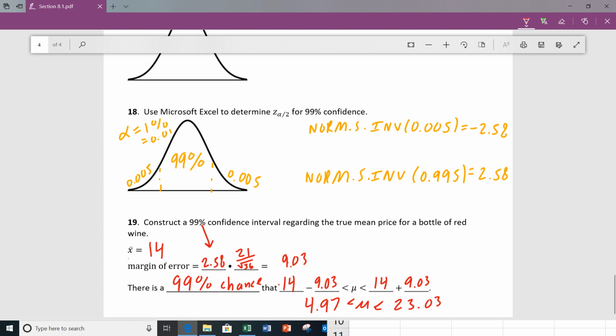It's actually better to do this at the top and then final answer. On the test, I want to see it a little cleaner. For now, it's fine. If you get it on Excel, it's pretty legit.